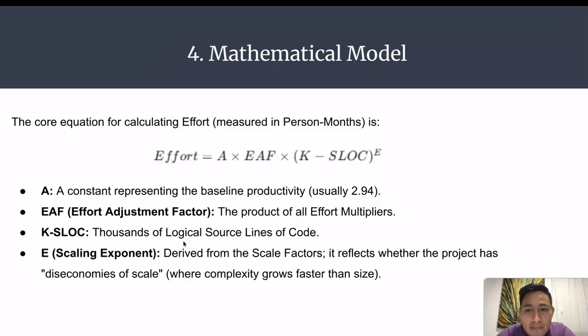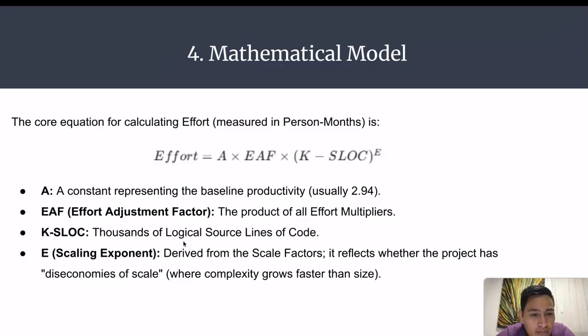4. Mathematical model. The core equation to calculate effort, measured in person-months, is PM equals A times EAF times KSLOC to the power of E. First, A is a constant representing the baseline productivity, usually 2.5.